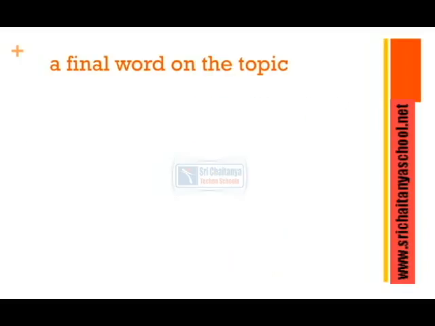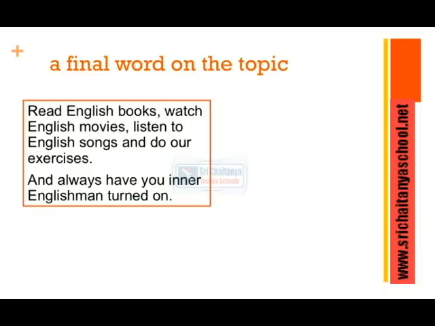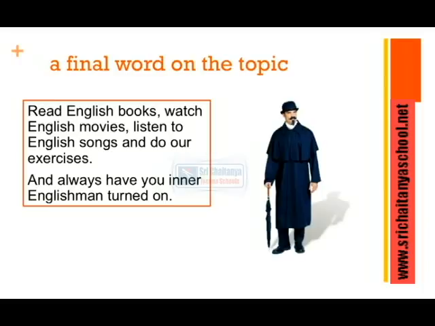So the question, of course, is what can you do? Well, the only thing is you can develop a feeling for when to use which form, and in order to do this, please read English books, watch English movies, listen to English songs, of course, do our exercises on this topic, and always when you do this, have your inner Englishman turned on, because he will then maybe remember what needs to be.